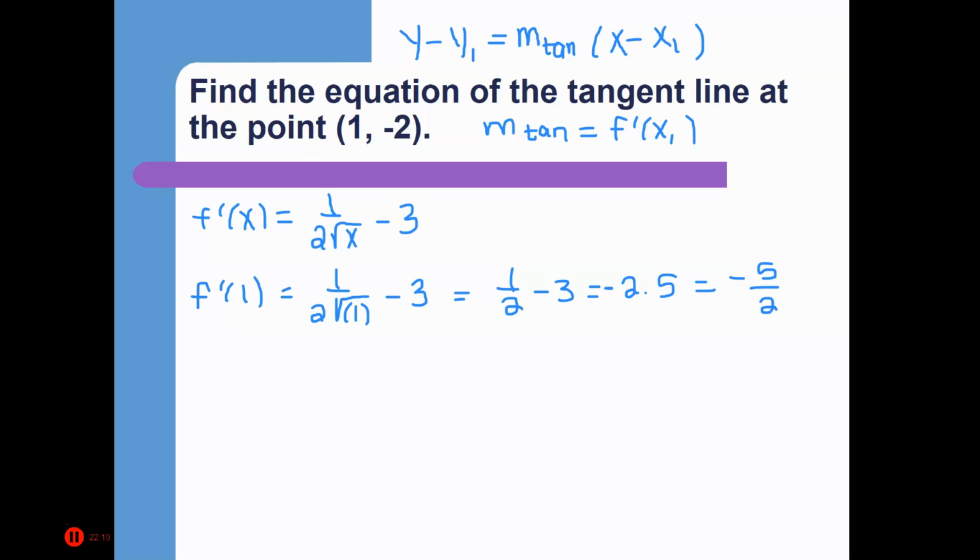Yes. Because it gave you the point (1, -2), that makes 1 your x1. Whatever your x1 is, that's where you're finding the tangent slope, because the slope of the tangent line is going to change for any point. So if I pick the point 2, the slope of the tangent is going to change at 2.